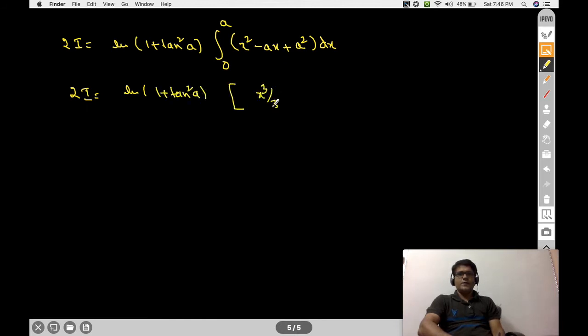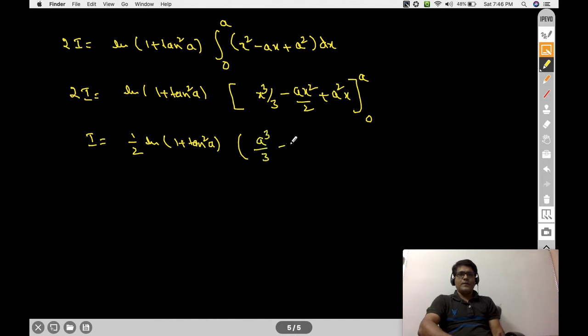This is x cube by 3 minus a x square by 2 plus a square x. Limits are from 0 to a, therefore I is equal to 1 by 2 times ln of 1 plus tan square a into a cube by 3 minus, here x is a, that is a cube by 2, plus a cube.